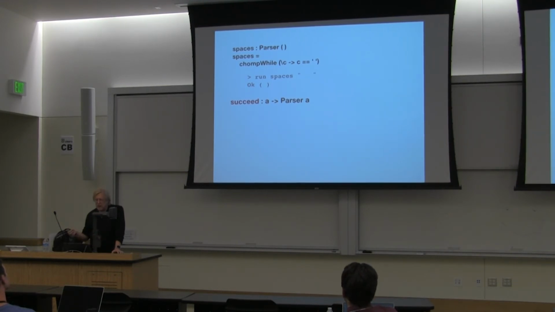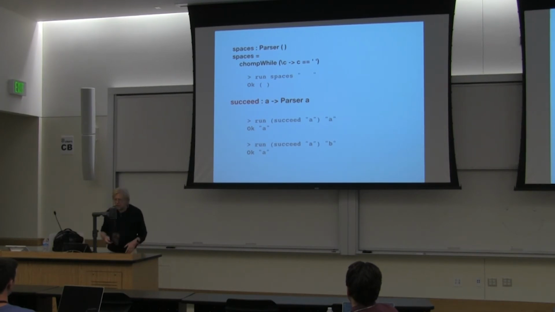It takes a value of any type and returns a parser for that type. And it has the unusual property that if I run it on anything, it always succeeds and it always returns the argument that was used to construct the parser. So if I run succeed string A on the string A, it returns OK A. If I run it on the string B, it also returns the same thing. If I run it on the string ho ho ho, it's Christmas time, it still returns OK A.